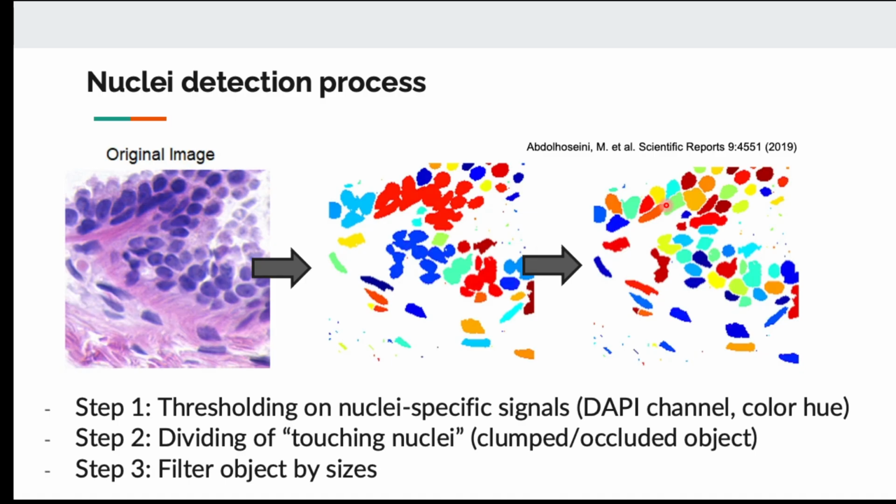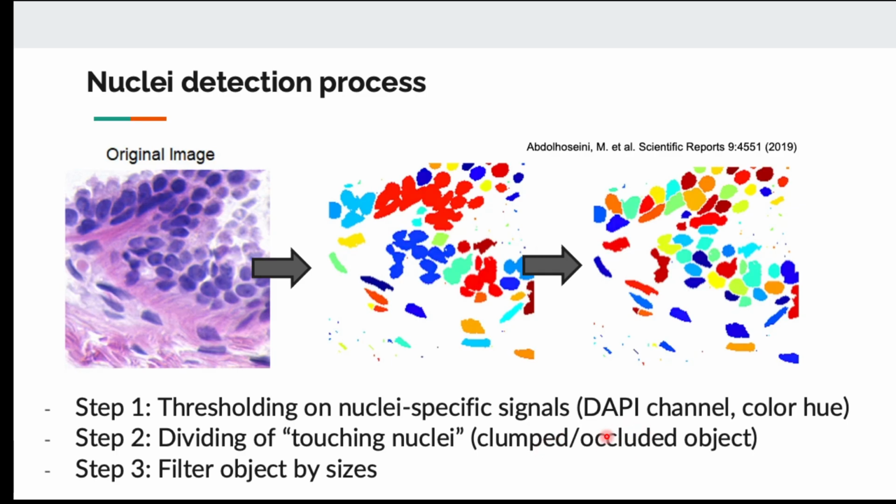So this process, if we were to summarize, we can start by thresholding on the signal that tells us where the nucleus is. It could be the color from the H&E stain. It can be the DAPI channel in the fluorescence. But we still have nuclei that touch each other. These are called clumped objects, or objects occluding each other.